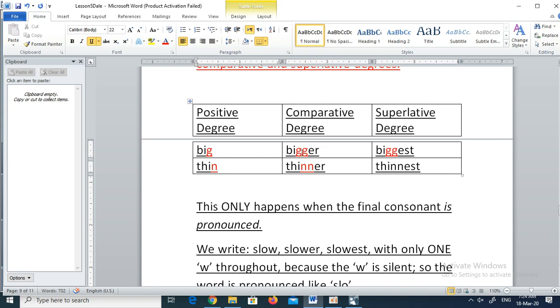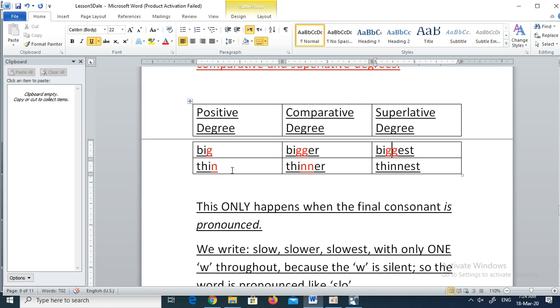But when we go to the comparative degree and we make big into bigger, there are two G's. When we go to the superlative degree and we make big biggest, again that last consonant has doubled.